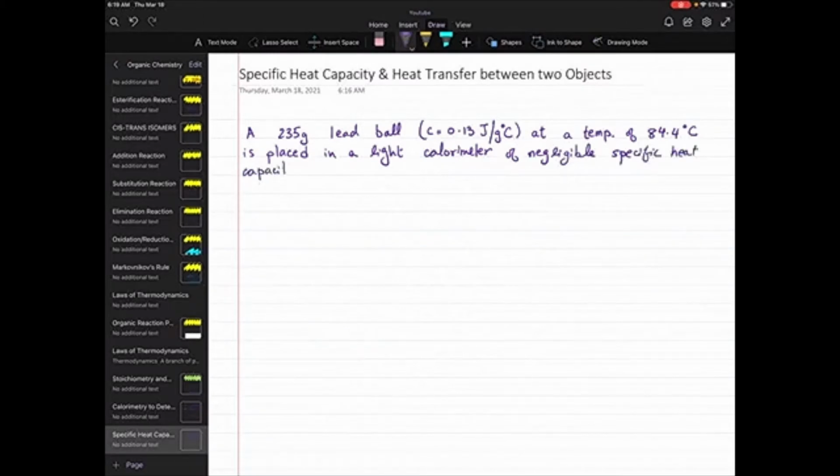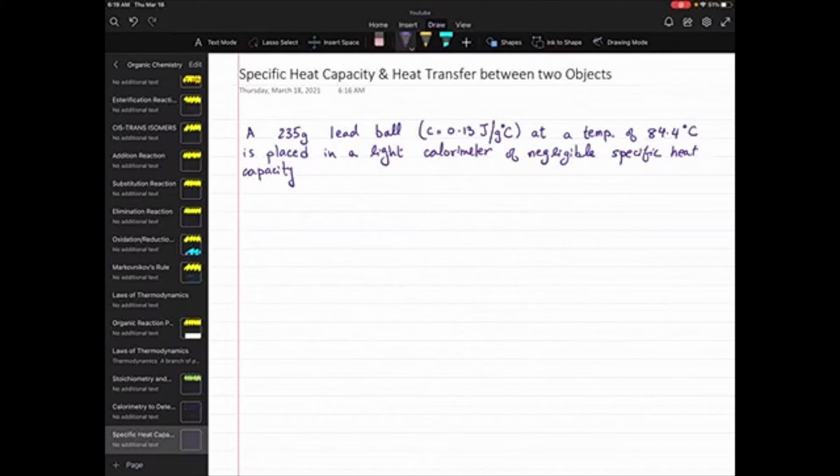In other words, they are saying that the amount of heat absorbed by the calorimeter is negligible, we don't have to worry about it, and we are going to ignore the change in energy of the calorimeter itself, the hardware, the container. But the water that is inside will still change temperature, will have energy absorbed, and will have a specific heat capacity, just not the container.